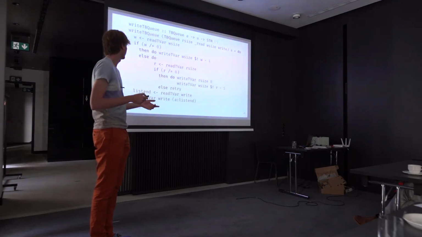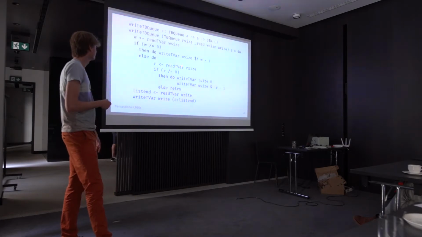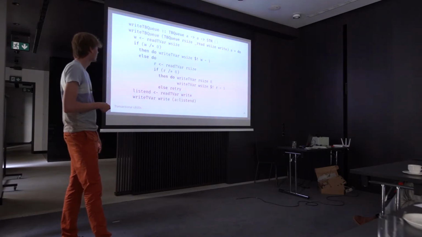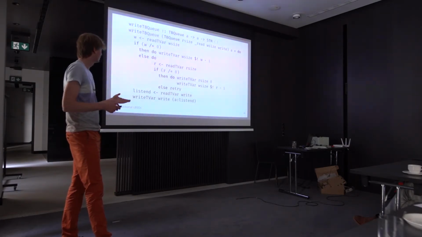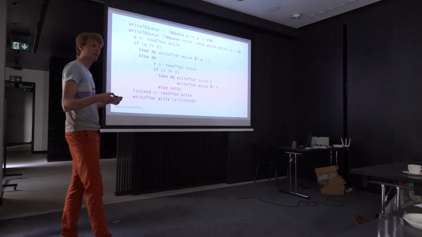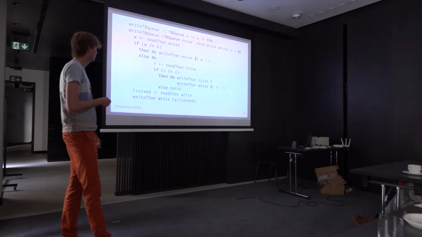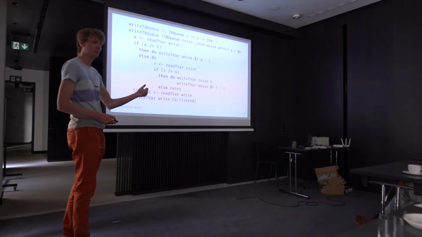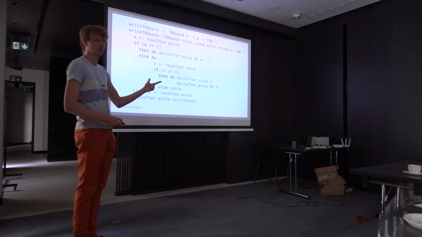Let's see how this looks in code. We read the amount of read capacity we have left. We do the same check. If this is 0, then we need to retry. We need to block. We don't have any write capacity, and we don't have any read capacity.